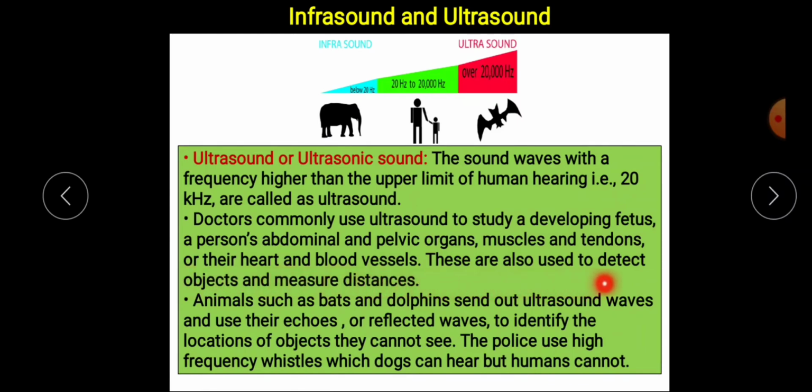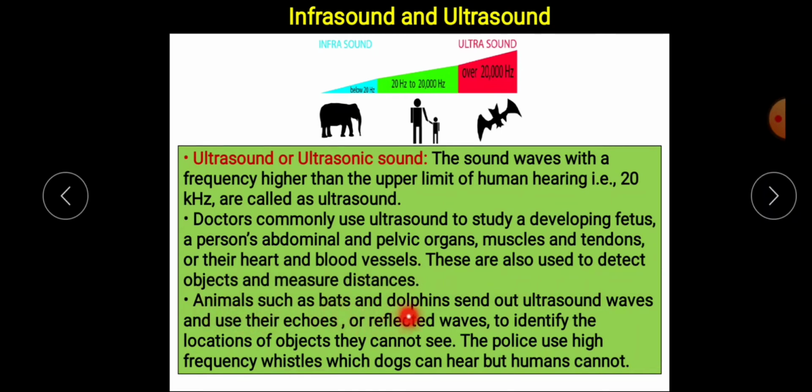These are also used to detect objects and measure distances. Have you heard of ultrasound scan? The ultrasound scan in the medical equipment is nothing but using this ultrasound, which is of frequencies more than 20 kilohertz, more than the capacity of human hearing.